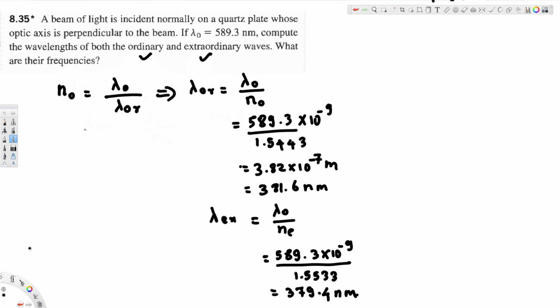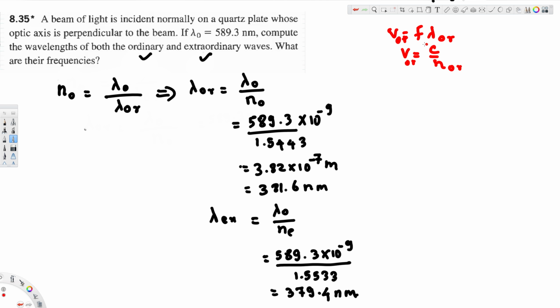Now we are going to find the frequency. To find the frequency, we have to remember two equations. You have to remember that v is equal to f lambda. This is one of the equations. And also we have to know that v is equal to c over n, right? Here, instead of this lambda, we are going to use lambda ordinary, and we say this is v ordinary, and for this one, v ordinary, n ordinary.